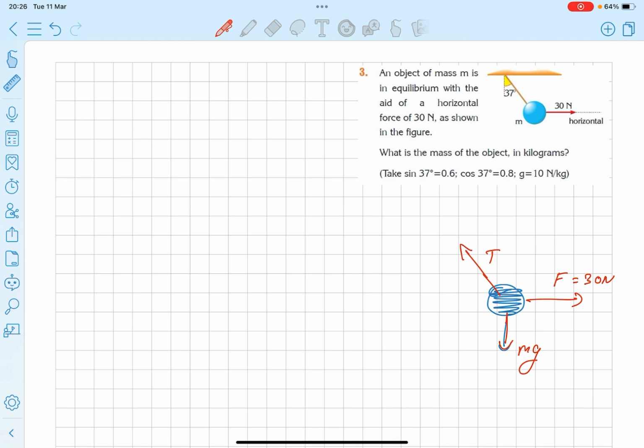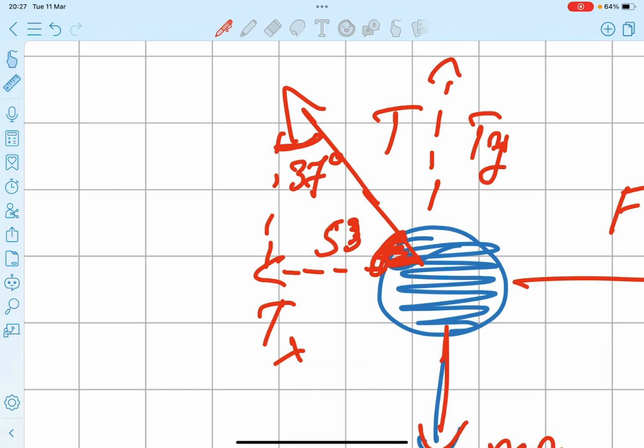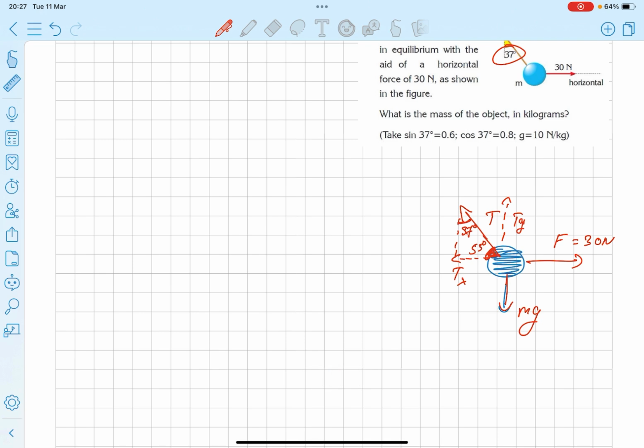So this tension again can be separated into two components, tension by x and tension by y. You can use this angle, but to not make it complex, we just use the angle with the horizontal. If you look at this triangle, if this angle is 37, this angle is going to be 53 degrees, yeah? So we will use that angle.